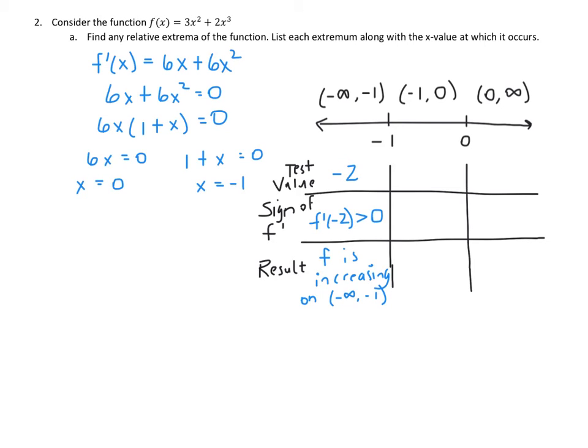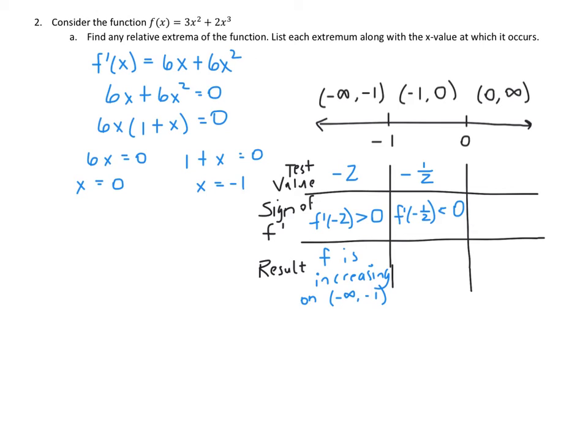Now in the next interval, negative 1 to 0, I need to pick a test value in that interval. For example, I could do a negative 1/2. If we plug a negative 1/2 into our derivative, we get a negative value. So f prime of negative 1/2 is less than 0. It is negative.